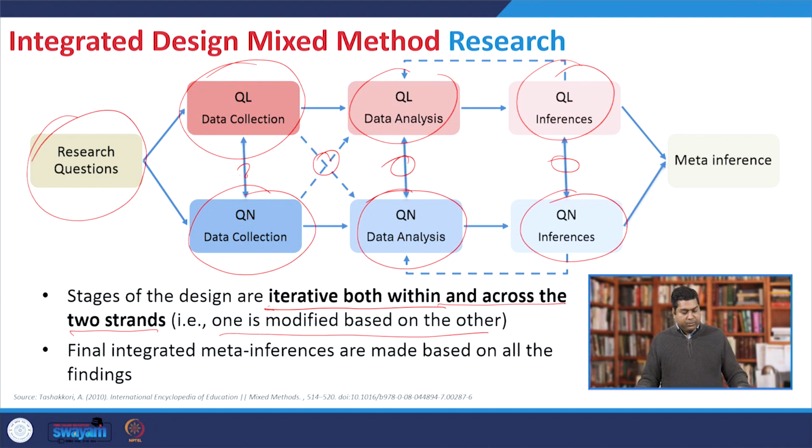And finally, we will have an integrated meta inference based on all these findings that are obtained from these approaches. Hope this is very clear. We have discussed the parallel approach, we have discussed the sequential approach, we have discussed the conversion, and this is the integrated one, where at each stage we are trying to compare.